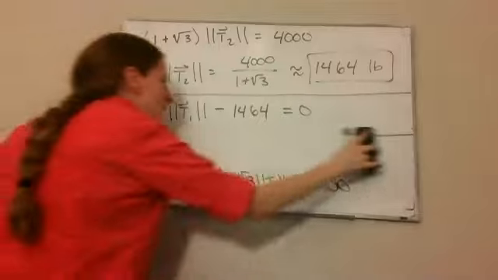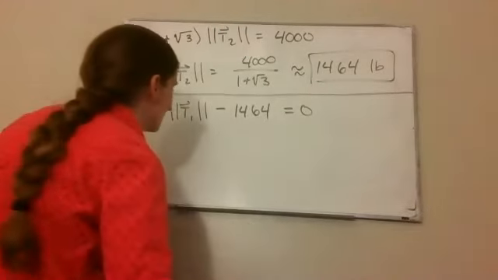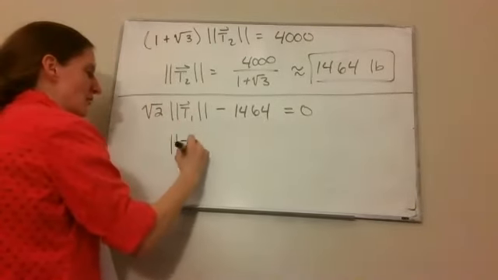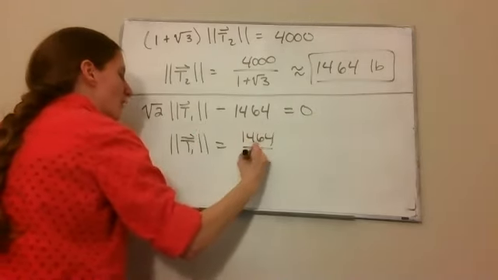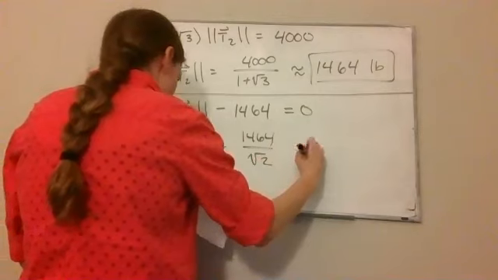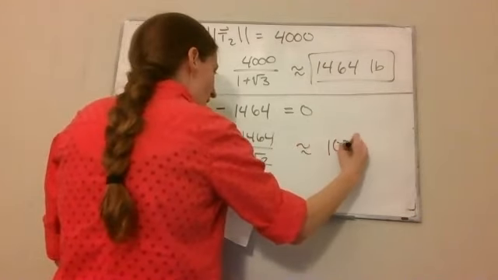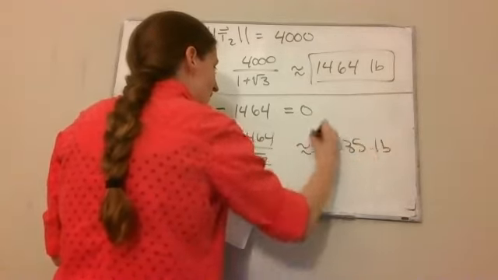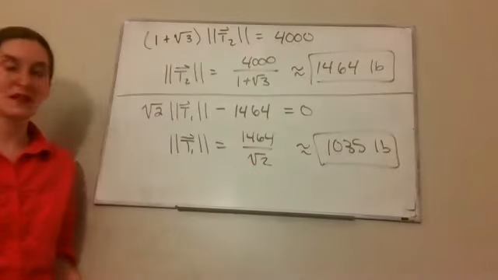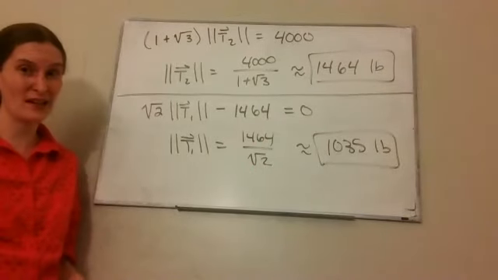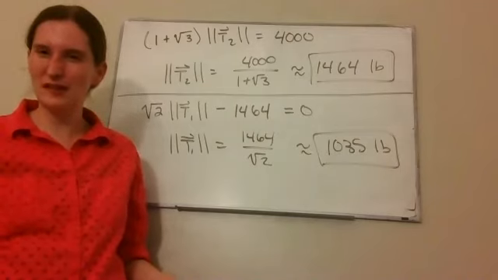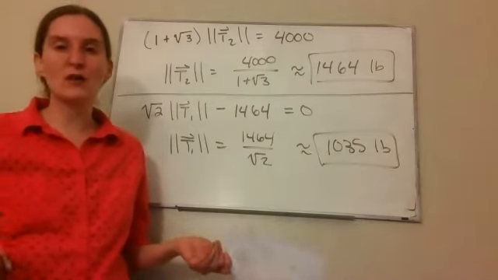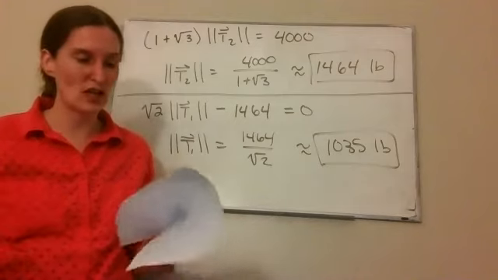And this tells me that magnitude of T1 is equal to 1464 over the square root of 2, which is approximately 1,035 pounds. And so we found magnitudes by setting up what looked like a pretty terrible system of equations, but it really wasn't that bad once you get all of the components set equal to each other.